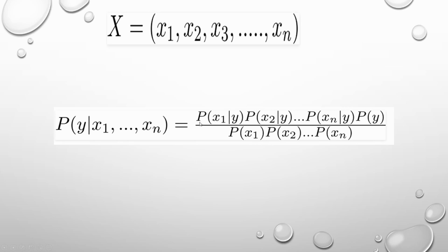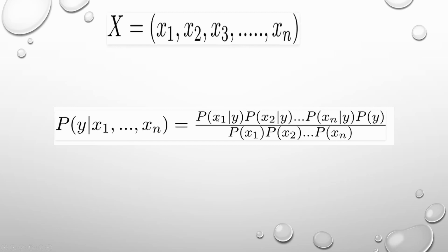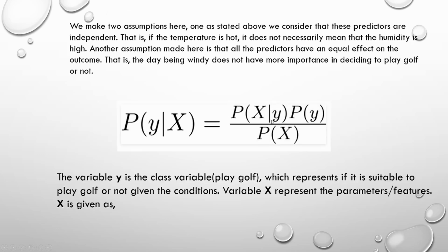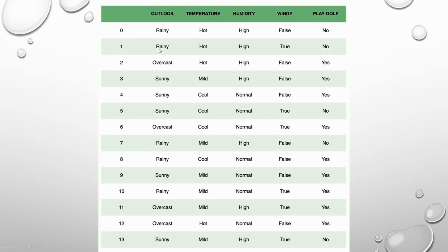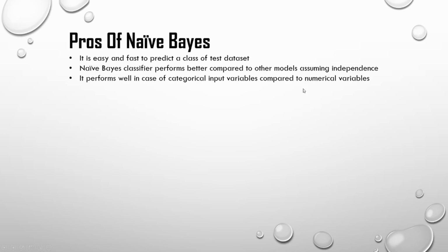If you can still remember, in our first row, we cannot play golf. So x will be the features outlook and so on, and then the class will be zero. And then the next row, it will be the features again, and the class is zero. And then here you take all these features x, and then y will be one since we can play golf.